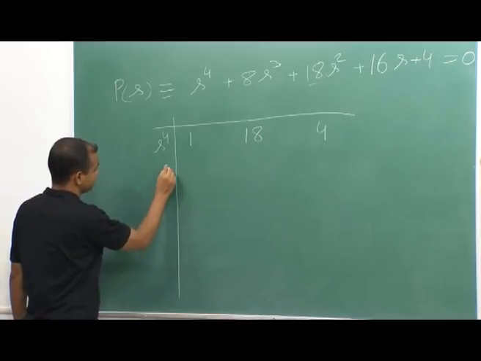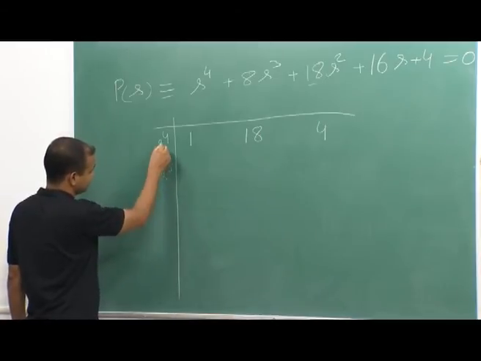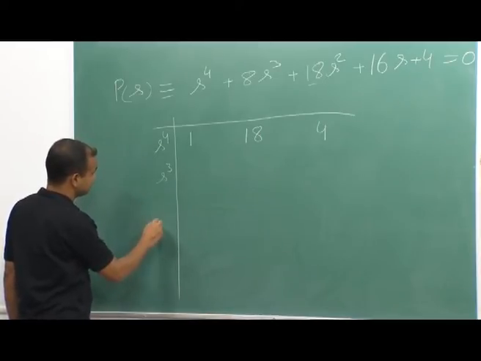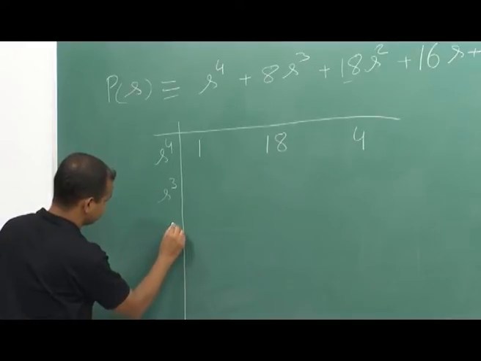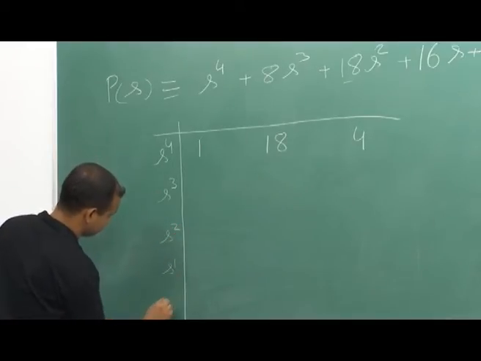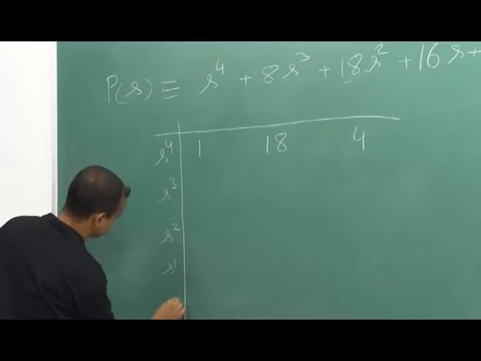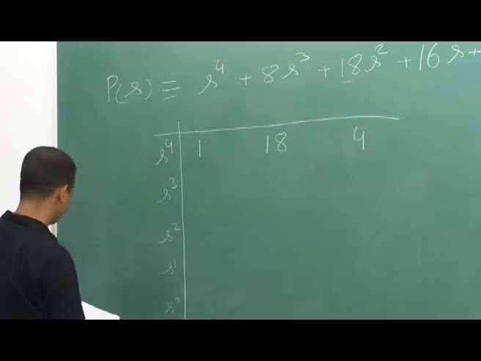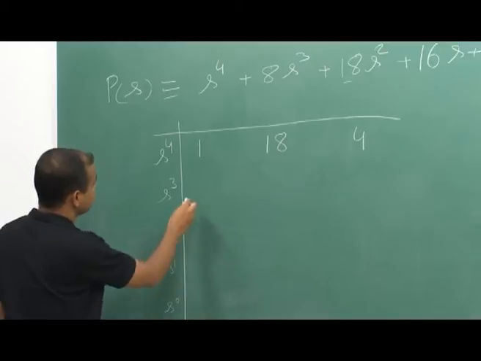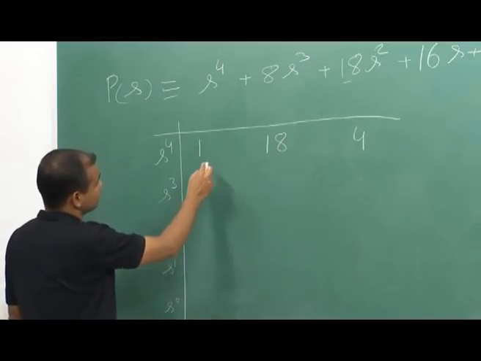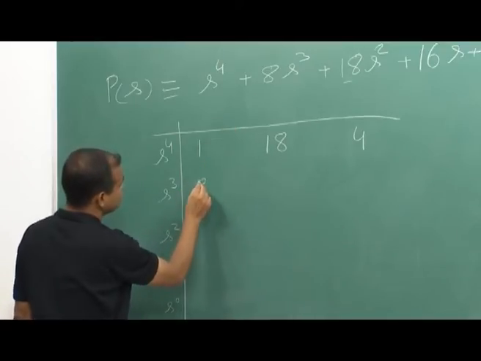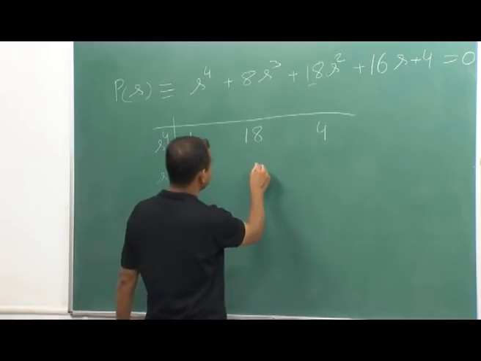Then we write in descending order the odd powers of s, s cube and s to the power 1. Here the coefficient of s cube is 8 and then for s to the power 1 it is 16.